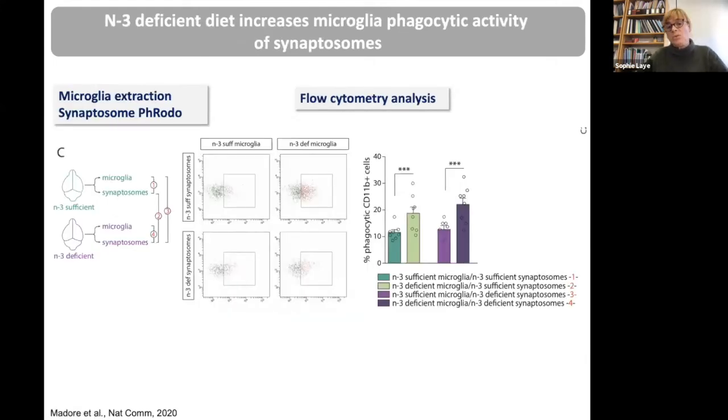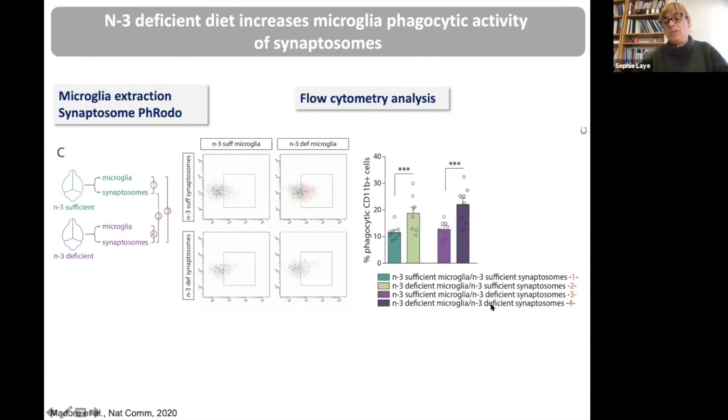So we decided to study a bit more this phagocytic activity of microglia toward synaptosomes. Here, we took microglia out of the brain of these mice, coming either from the sufficient diet or the deficient diet, and we exposed them to synaptosomes coming either from the brain of mice that had the sufficient amount of omega-3 or the deficient amount of omega-3.